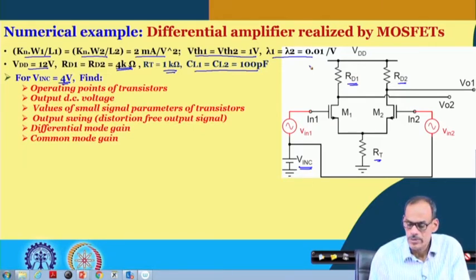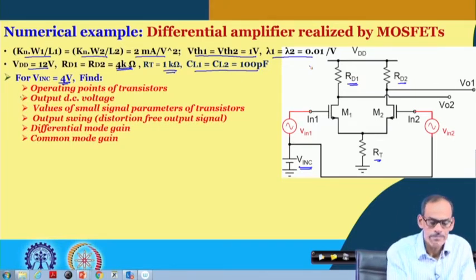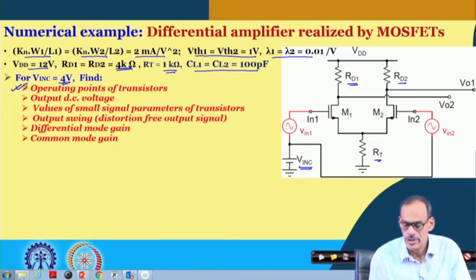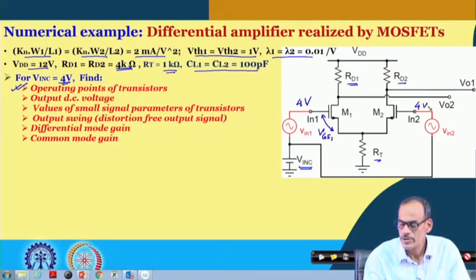Now, coming to how we find the differential mode gain and common mode gain, first of all we need to start with the operating point of the transistor. So, we do have a DC voltage at the gate which is equal to 4 volt. Now, if we have 4 volt, then it is probably having some VGS here, whatever you say VGS1 or VGS2, and here also of course we do have 4 volt, and the voltage here of course, depending on this DC voltage divided by this RT, produces a current of I_RT.